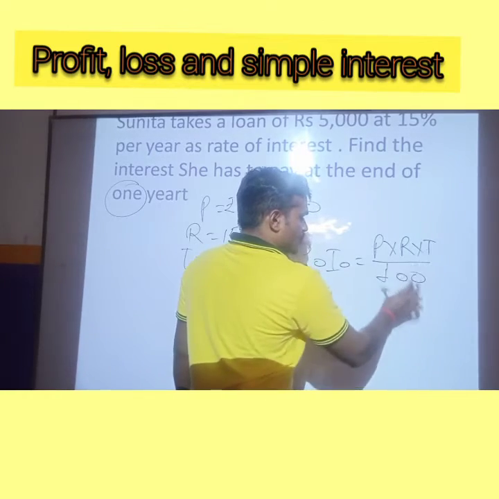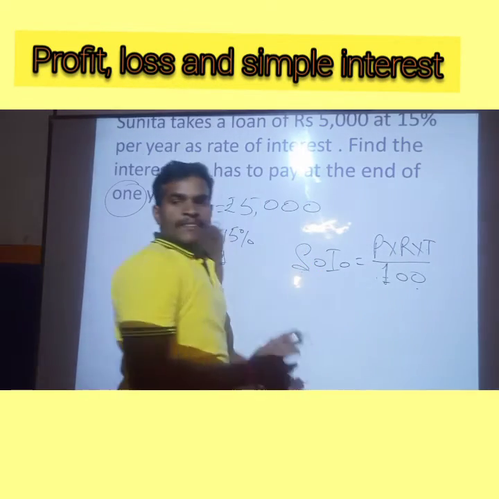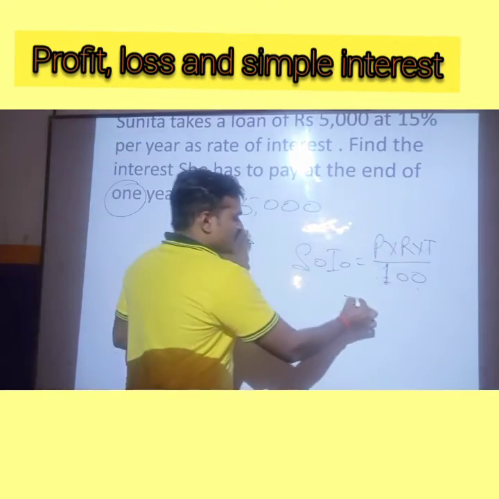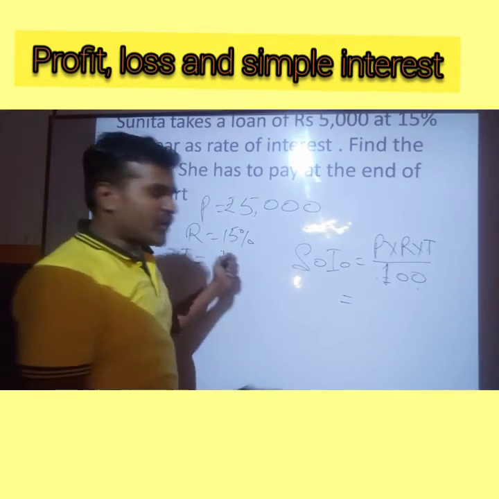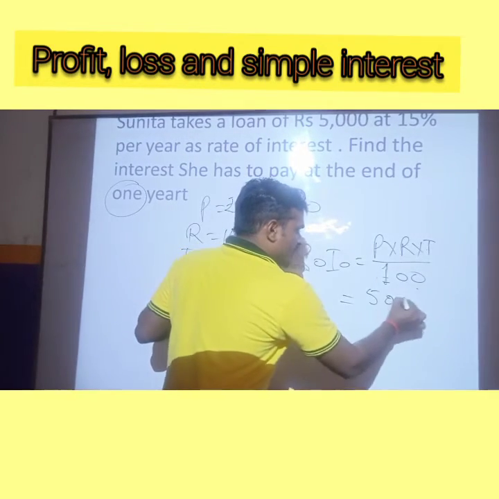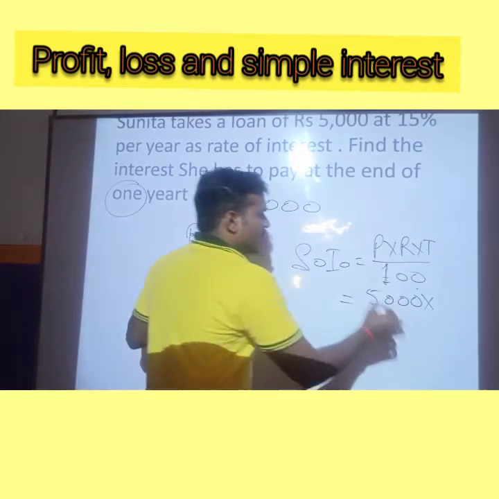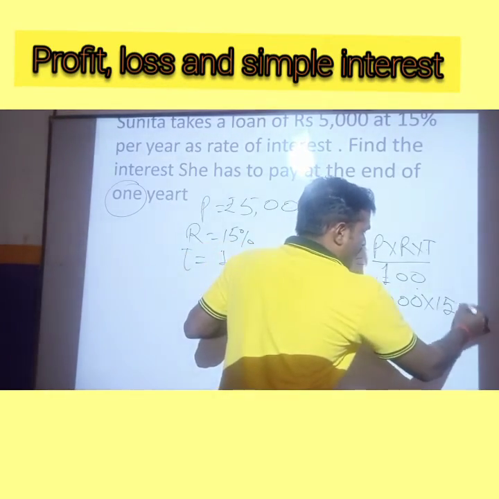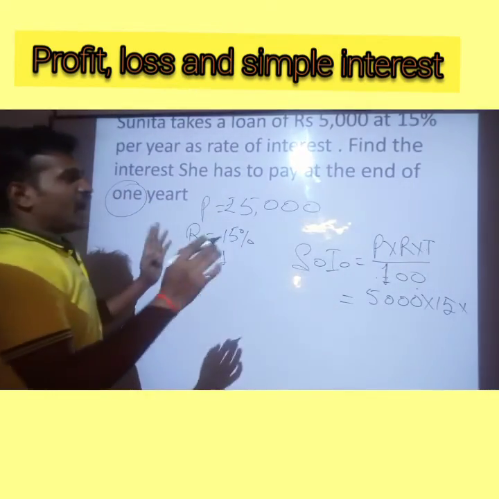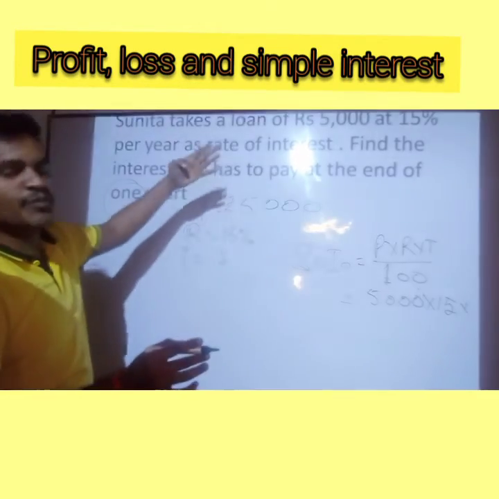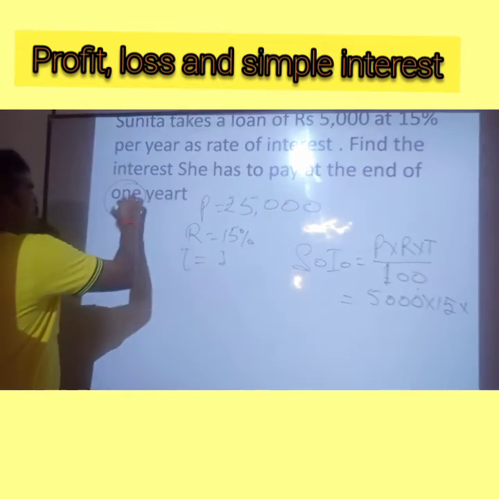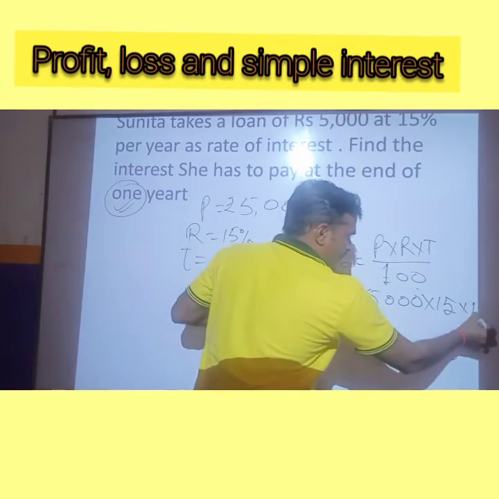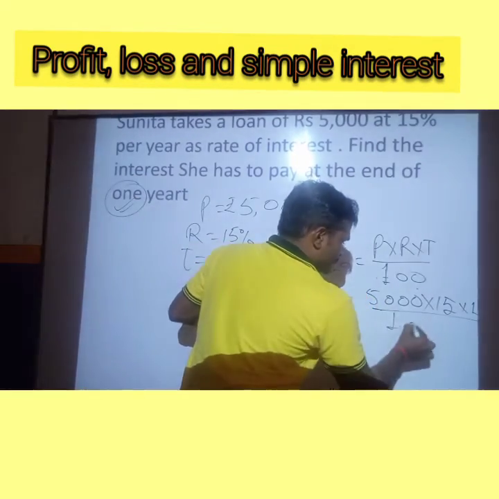So principal is given there, 5000, multiplied by the rate, 15, and time is 1 year, upon 100.